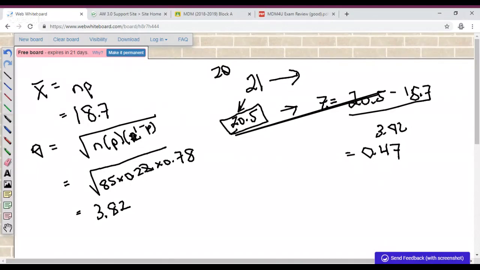So when I look up 0.47, I get 0.6808. But that is just straight looking at the Z score table. So that is less than 20.5. So I need to do 1 minus that to answer the question. So I'm getting 0.31992.